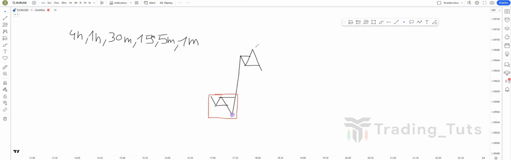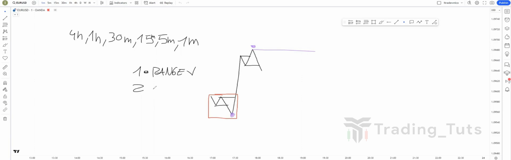You're gonna be surprised how simple it is to find the bias and get your trades. So now we have our range. We're gonna use our lower time frame. First thing on our checklist is finding our range. Done. We have our purple range.